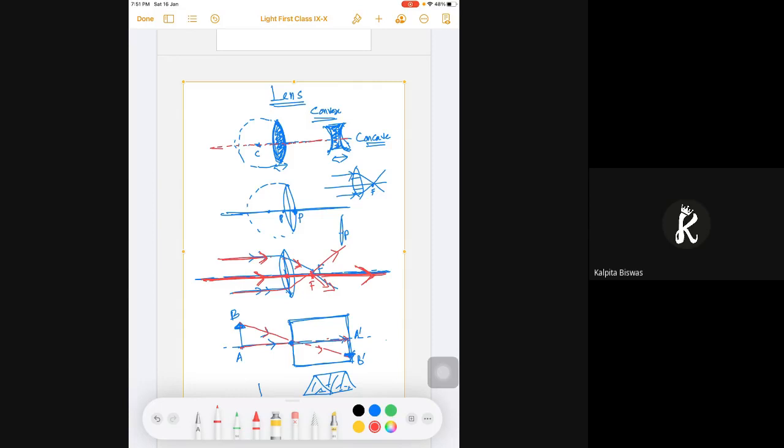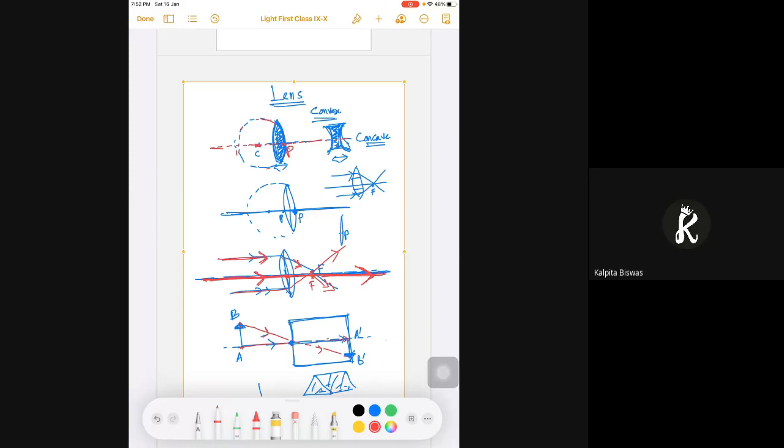Pole means this is the center of the lens, and center of curvature means that is the center of the sphere from which you cut the part of the glass. So that is the center of curvature. If this is the sphere, this is the center, and the pole, this is P, is the center of the lens.